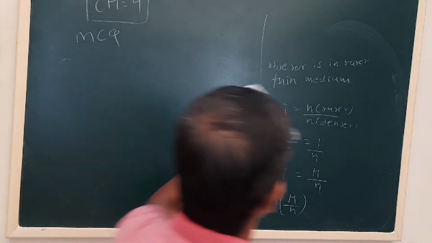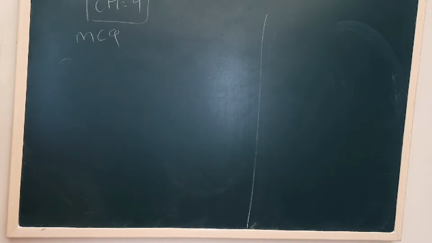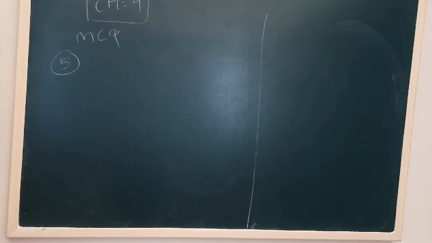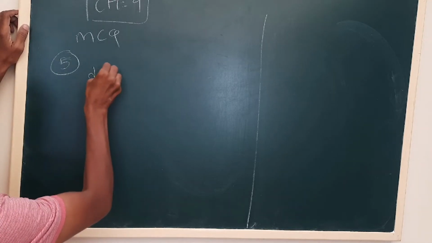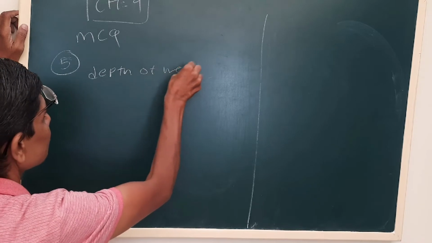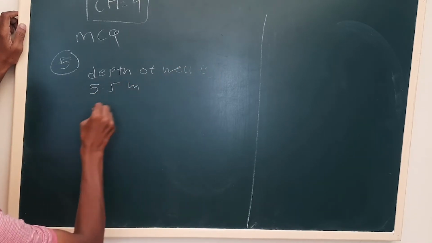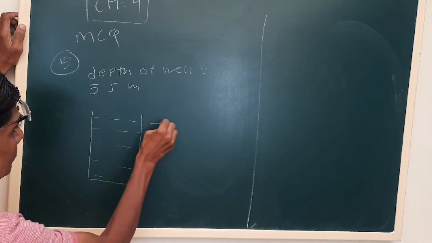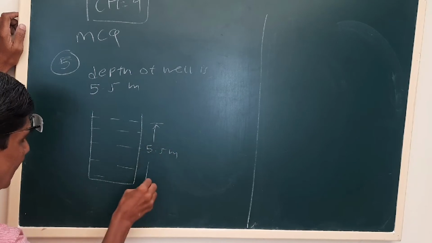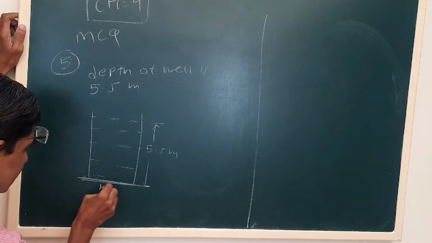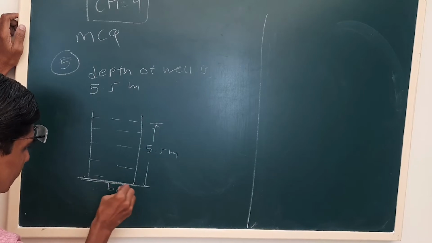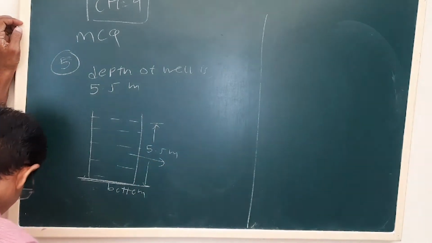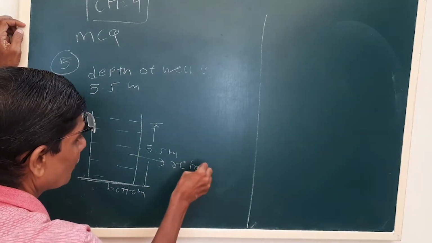Now, the depth of the well is 5.5 meter, and water of a certain refractive index is filled in.